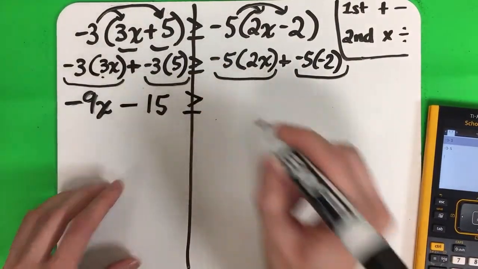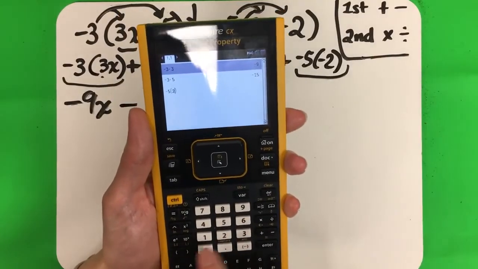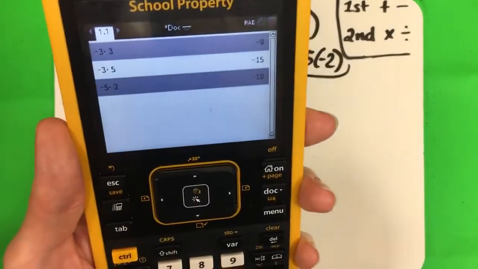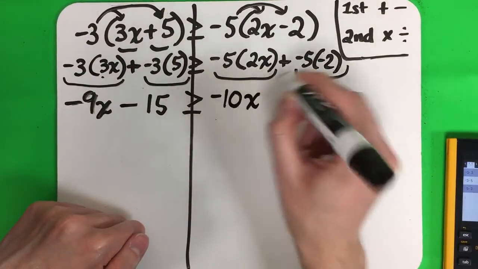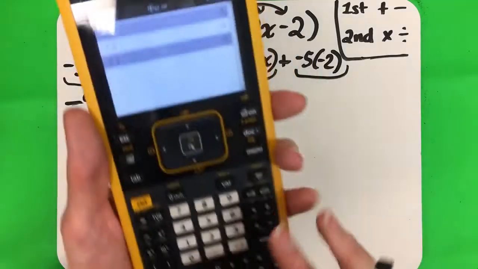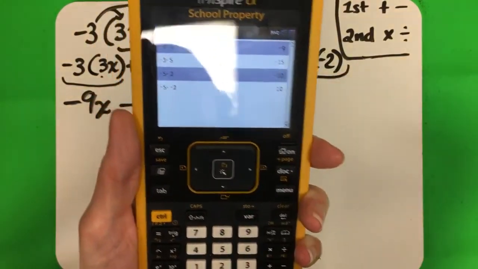Copy greater than or equal. -5 times 2. -5, parenthesis 2, parenthesis, enter. -10x. -5 times -2. -5, parenthesis, -2, parenthesis, enter. +10.